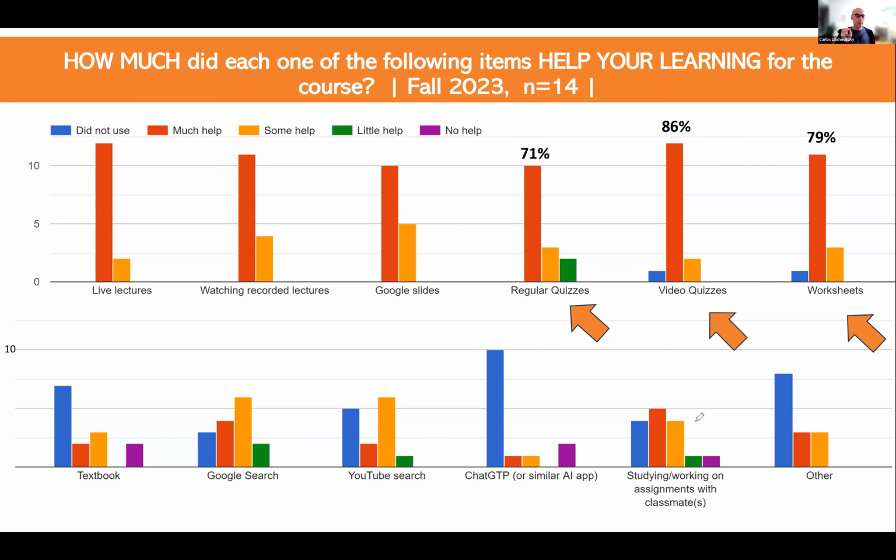If we're covering what the theory of evolution says, which are the main postulates, I ask that in a regular quiz, in the video quiz, and in the worksheets. So they have the opportunity for these multiple means of engagement and expression.